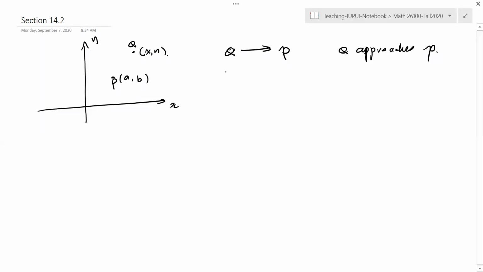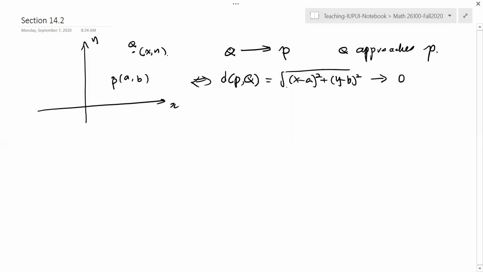So we know that the distance between P and Q is given by this formula, okay? So when we say Q approaches P, it means the distance between P and Q is getting smaller and smaller, okay? So this is equivalent to saying this approaches 0, a number approaches 0.